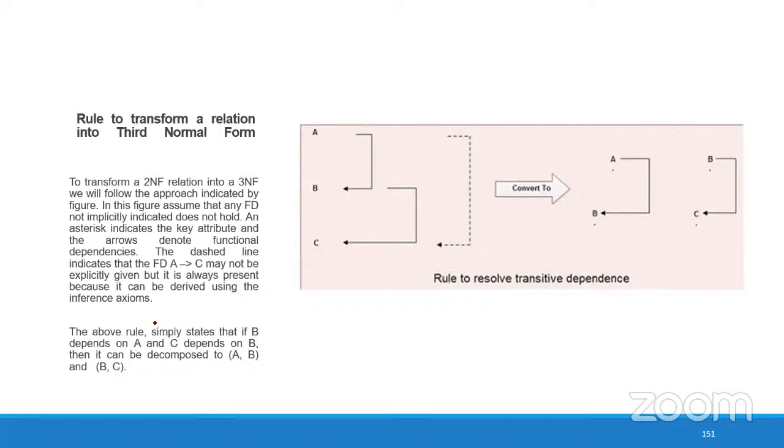We find two functional dependencies, A to B and B to C. So the procedure is we have to break this table into smaller tables, or decompose it into smaller tables, depending upon the functional dependencies. Here these are the total functional dependencies, and we have a transitive dependency from A to C. Now we want to resolve it.